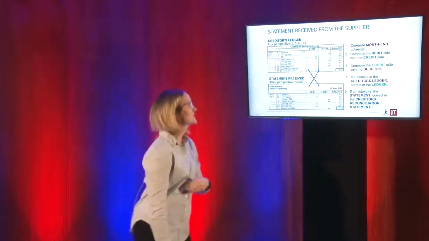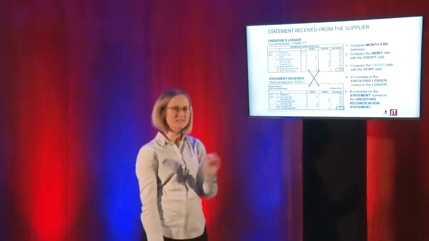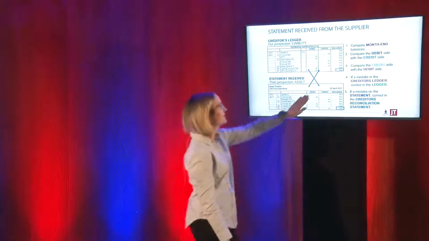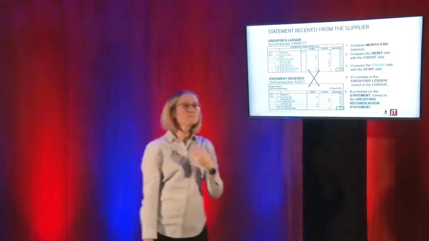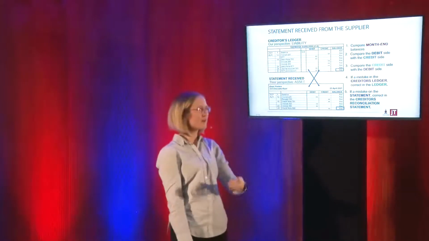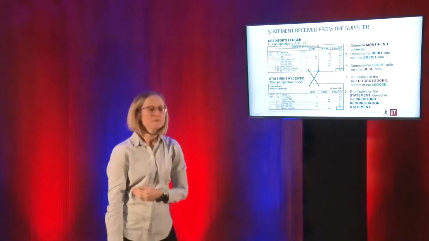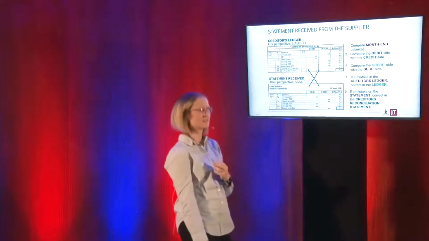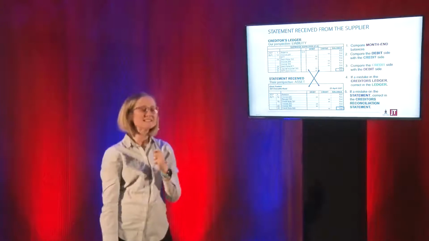For the statement received from the supplier, just some basics. We always compare the month-end balances. From our perspective, we are buying on credit from our supplier, so they are a liability. But from their perspective, they are selling to us, which means that we are a debtor.